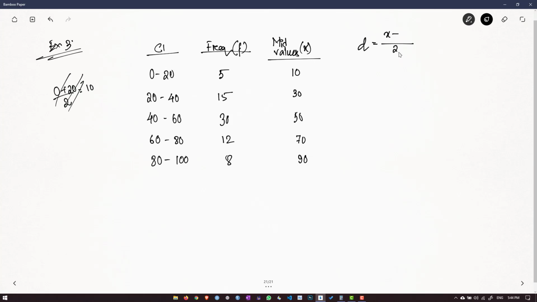So we will divide it by 20, and A is taken as the middlemost value. Middlemost value is 50, right? So basically the new set of numbers will be X minus 50 divided by 20.